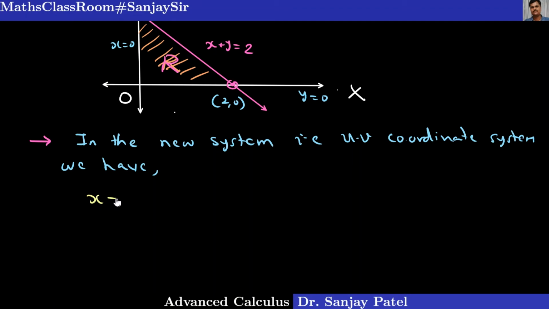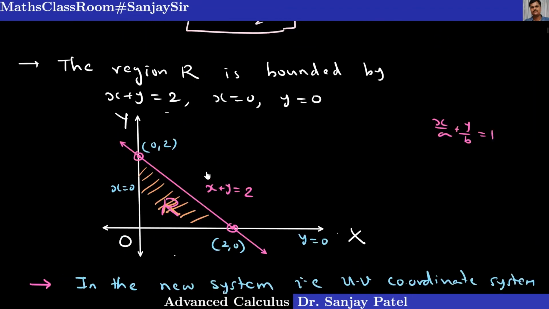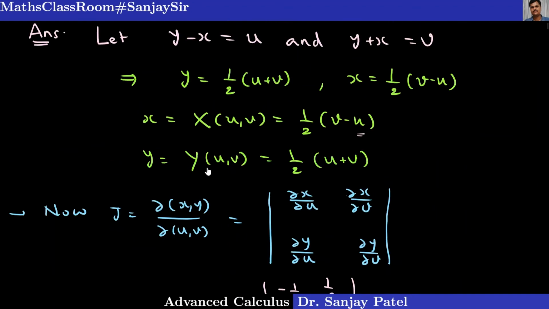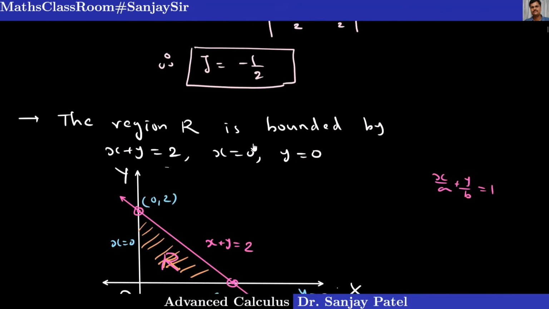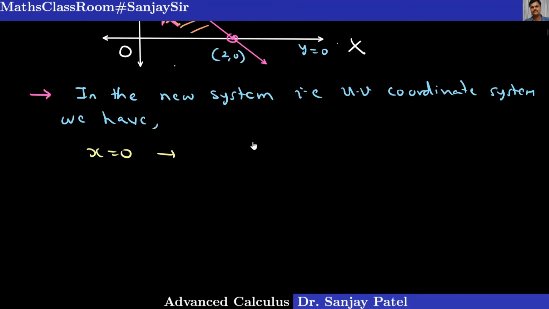So x equal to 0, that corresponds to, you know what is x in terms of u and v. Let me show you. X is 1 by 2 times v minus u, and y is 1 by 2 times u plus v. So x equal to 0 gives us 1 by 2 times v minus u equal to 0, and that is v minus u equal to 0, or you can say v is equal to u.